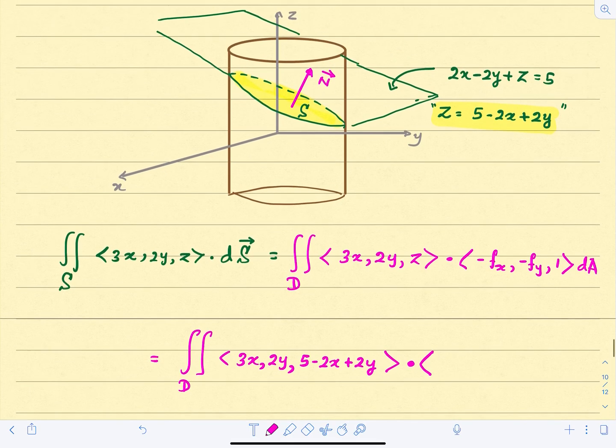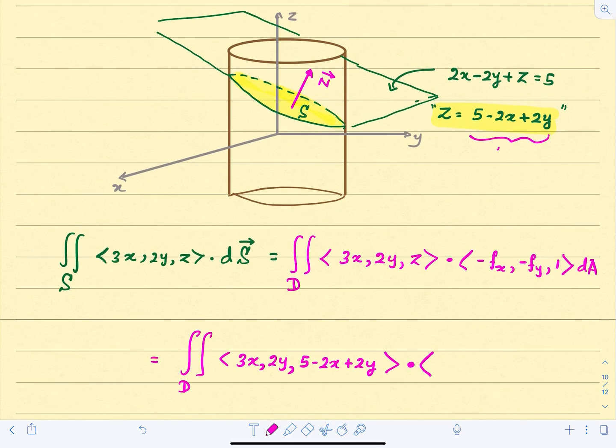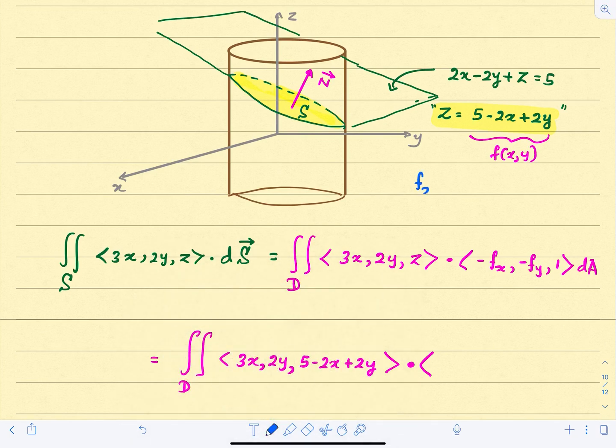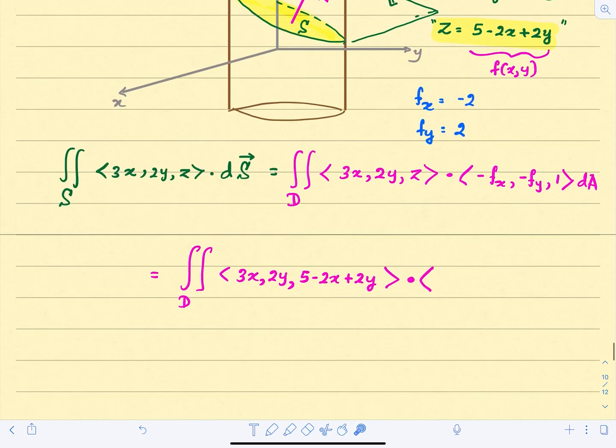Okay, let's calculate. So this is your f. Let's calculate f sub x, which equals negative 2. Partial derivative of f with respect to the x variable equals negative 2. F sub y equals positive 2. If you take the derivative with respect to the y variable, you will get positive 2.